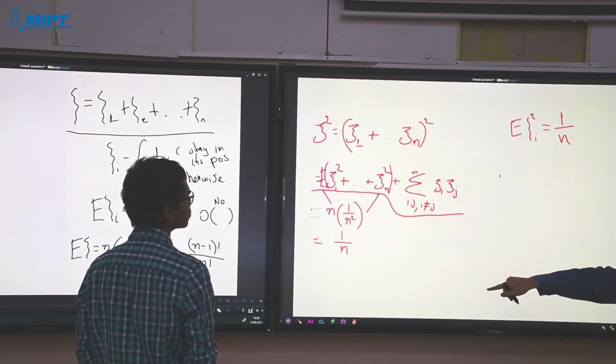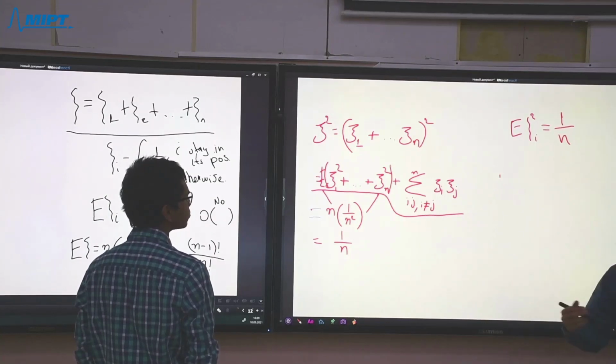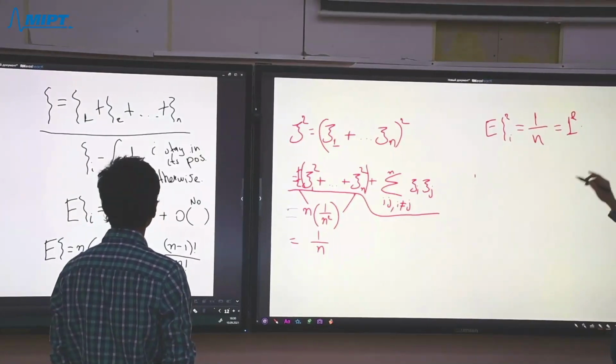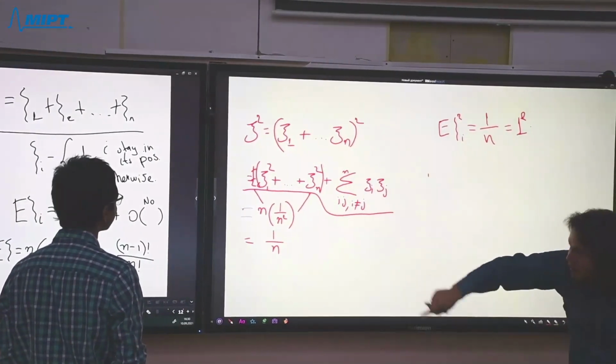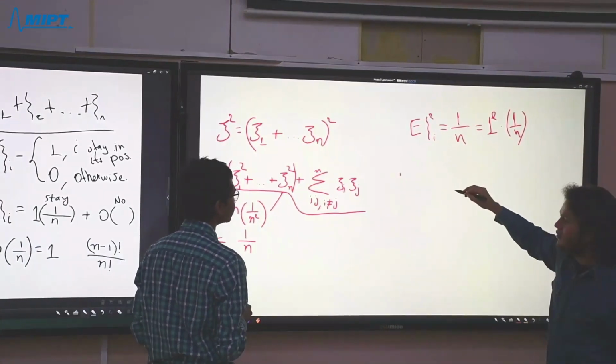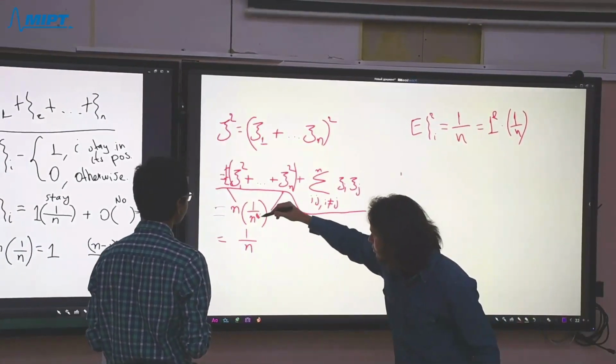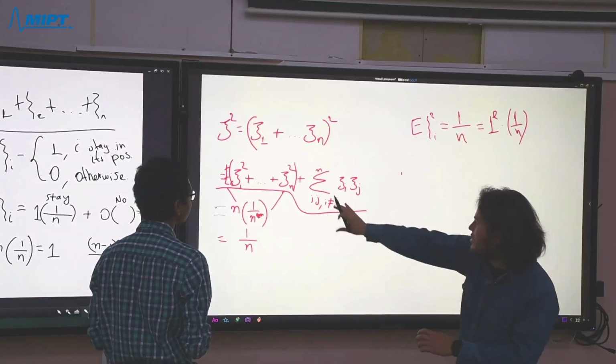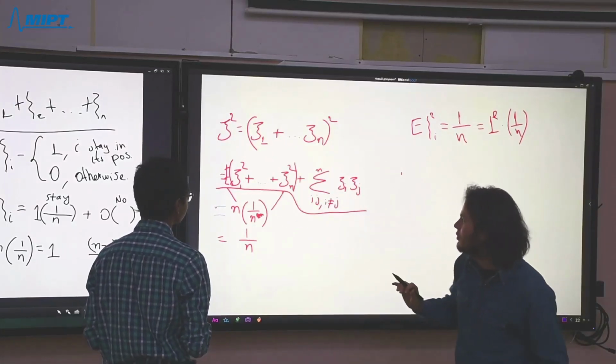Why? Because this is equal to 1 squared times the probability, so 1 over n. So we don't have a square here, but just 1 over n. So this is clear, so we get from here 1, all right?